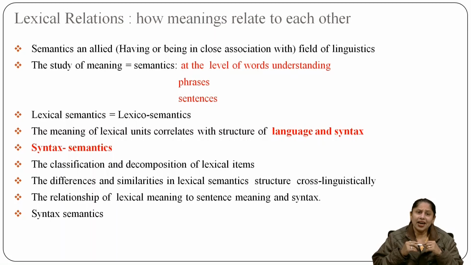Semantics is an allied field of linguistics, having close association with it. Of course, semantics is part of linguistics, because semantics means the study of language, and naturally linguistics also deals with the study of language. Linguistics is the study of the scientific perspective of language, and semantics deals with the meaning of language.